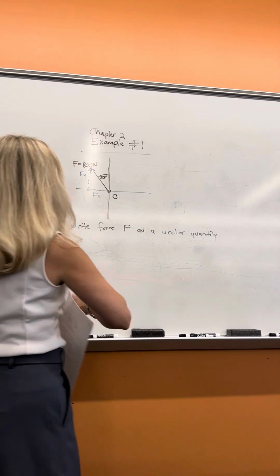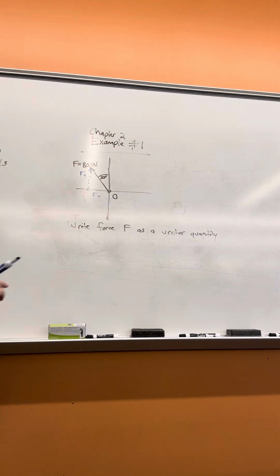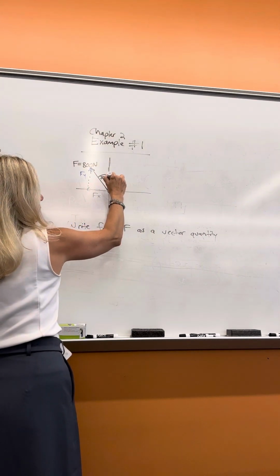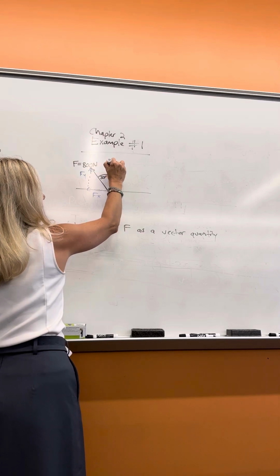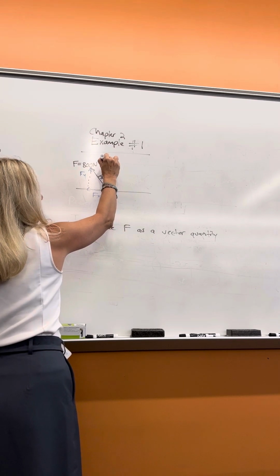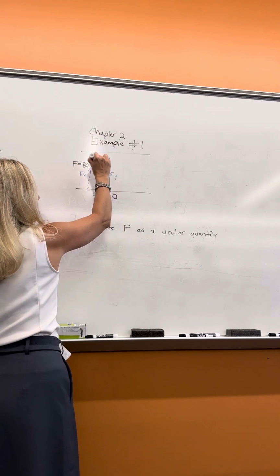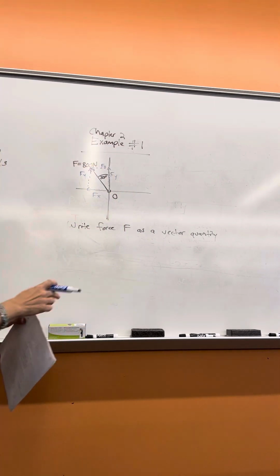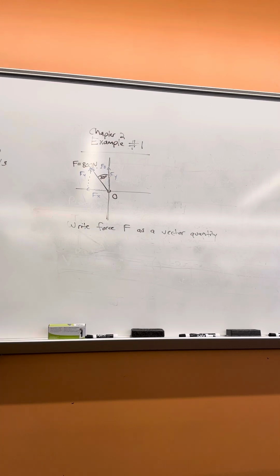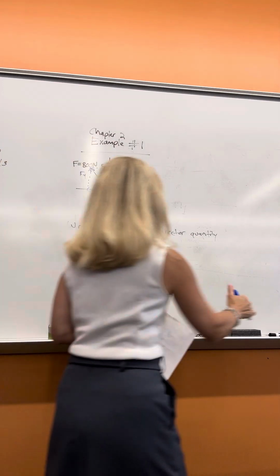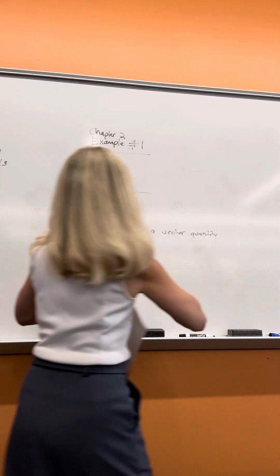So how are we going to get these quantities? How do I know what Fx and Fy are? The way it's drawn here, it's a little bit easier to draw Fy there and Fx here. So what is Fx? Well, let's look at the sine of that angle.